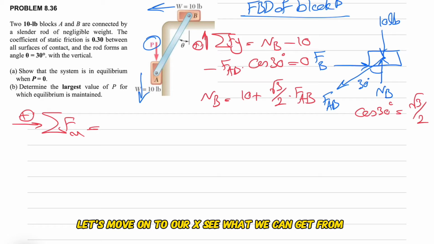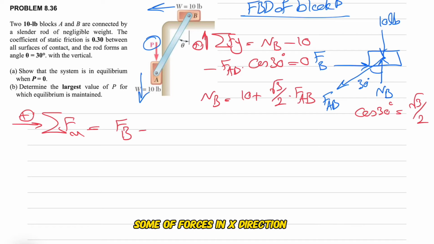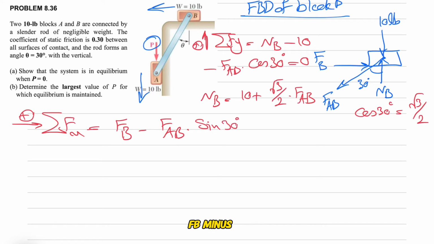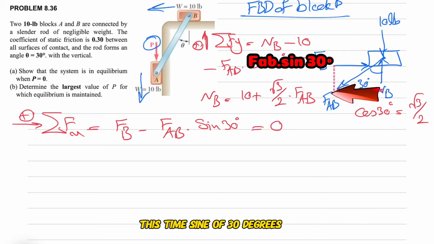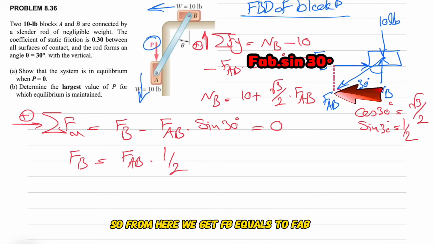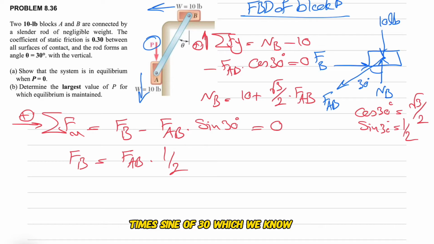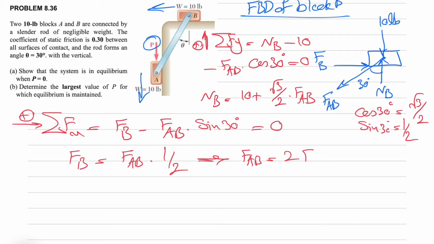Let's move on to the x direction. For x, we have FB minus the x component of AB, which this time is FAB sine of 30 degrees, equals 0. So FB equals FAB times sine of 30, and sine of 30 equals 0.5, or 1 divided by 2.